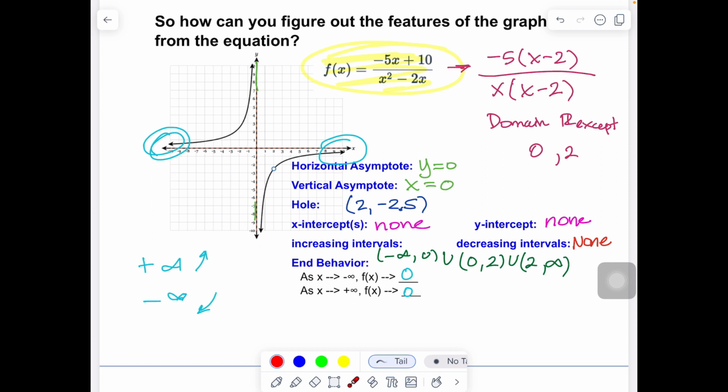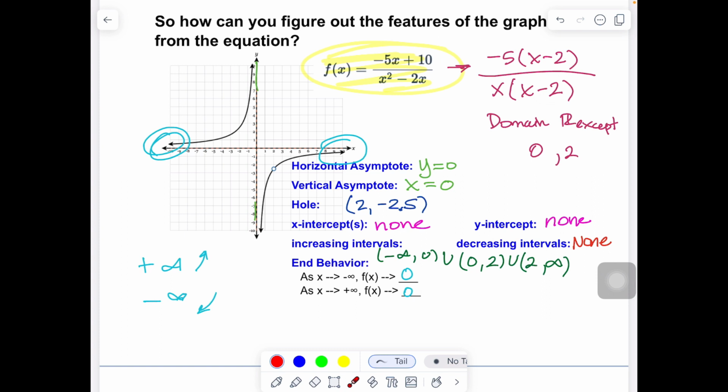If we look at our asymptotes and everything, we have a vertical asymptote at x equals 0. That vertical asymptote at x equals 0 comes from this domain restriction. That's why there is nothing there: there's an asymptote because the domain says we can't have anything there. Similar for the hole. The hole is there at 2 because it's a domain restriction here.